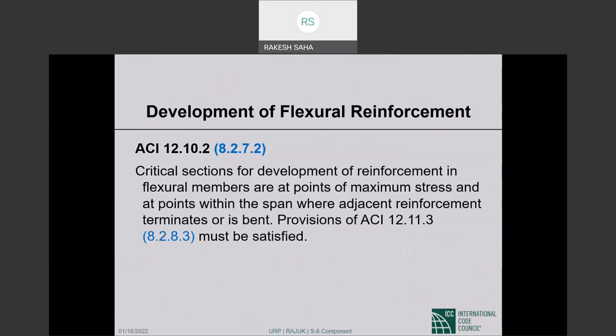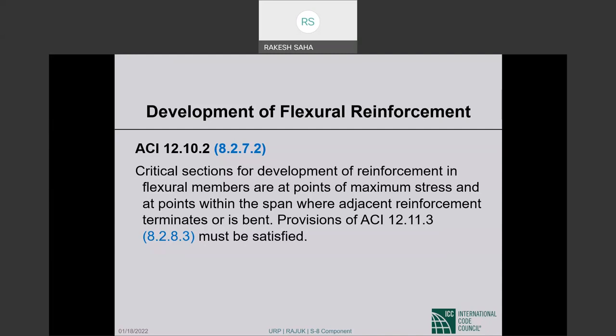Okay, critical section for development of reinforcement in flexural members. This is not unimportant. Critical sections for development of reinforcement in flexural members are at points of maximum stress, as you would imagine, and at points within the span where adjacent reinforcement terminates or is bent, where you cut off a bar or bend a bar up.